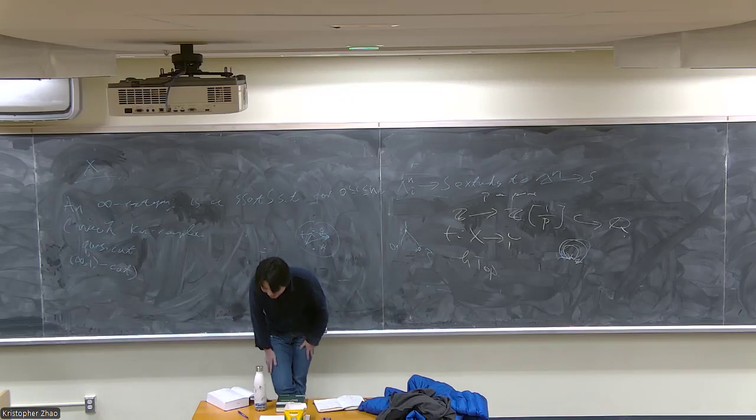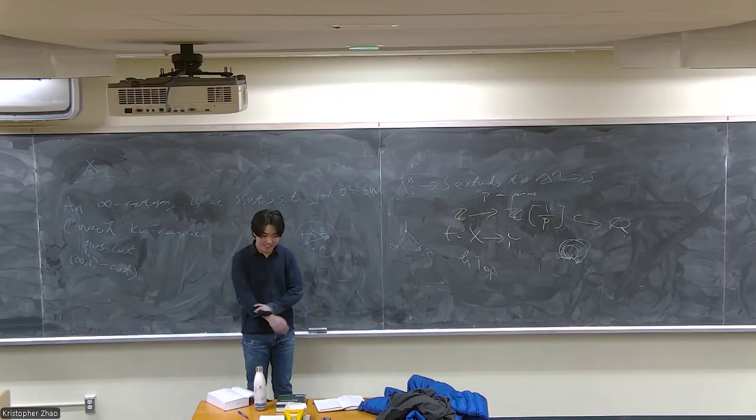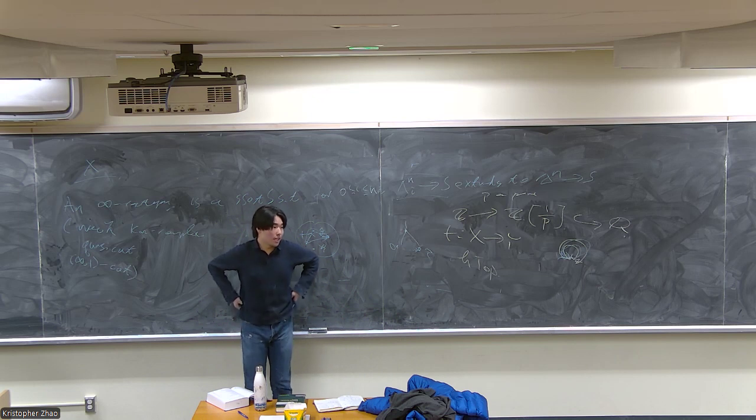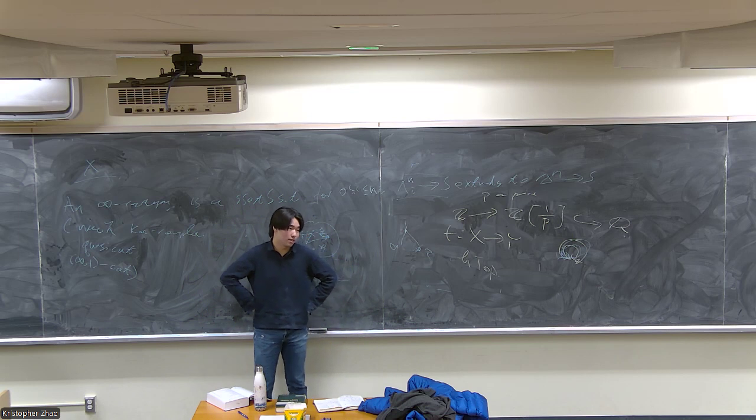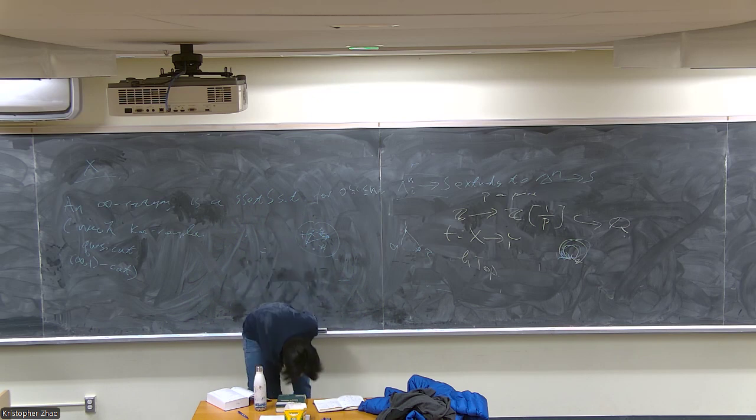We can steal Kai's thing. For example, K0, the K-theory. We can build the K-theory in the infinity setting quite easily.